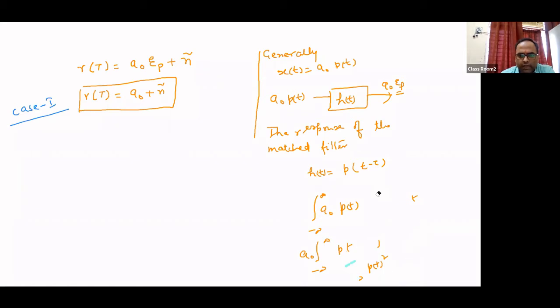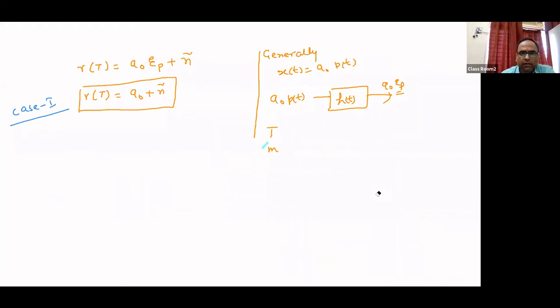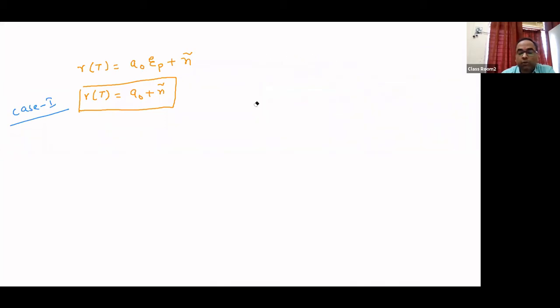Now we can simply write that r(t) is equal to A naught EP plus n tilde, and we have to choose the pulse p(t) in such a way that the energy of that pulse should be unity.